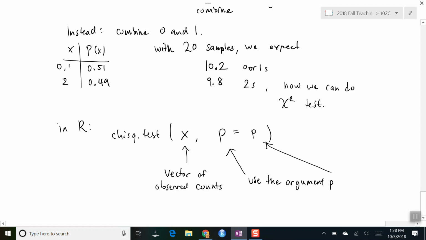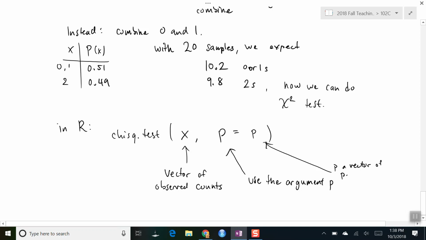And then you have to say p equal to something. Use the argument p, and the argument p lets R know that you are providing a vector of probabilities.